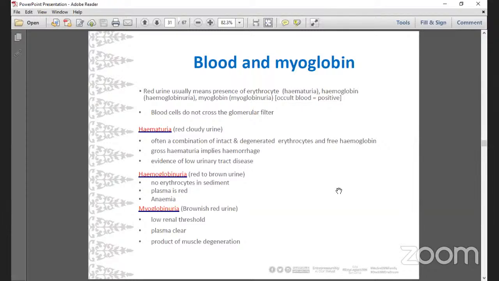When we add ammonium sulfate to the sample and centrifuge it, the hemoglobin reacts with the ammonium sulfate and precipitates, so the sediment will be yellow in color. While for myoglobin together with the ammonium sulfate, it does not precipitate. That's why it will maintain the red and brown color. Okay, next one.